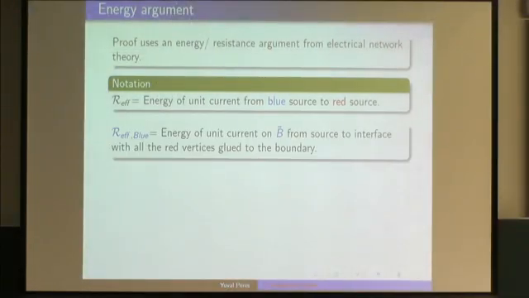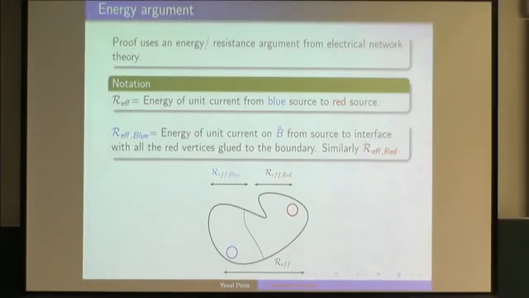So the key estimate, which is used in the proof, is an estimate that relates the change in the Green function, the change in our Lyapunov function, to effective resistances. And this picture is a little misleading, really. So we have a blue source here, a red source here.